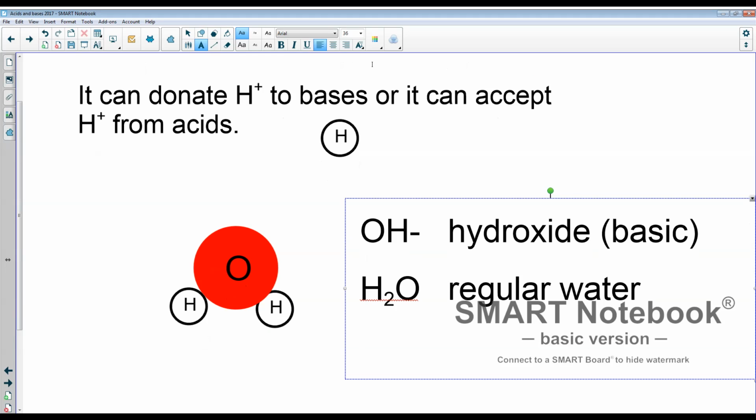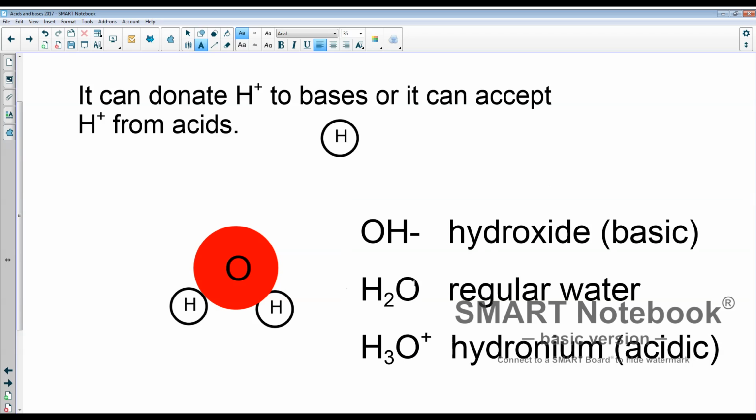But then if I put one more hydrogen on there, so water with an extra hydrogen, that's H3O plus. That's hydronium. And this is always present in acidic solutions.